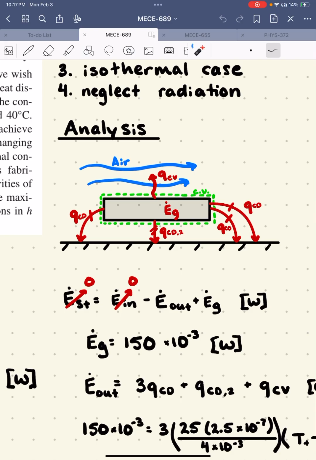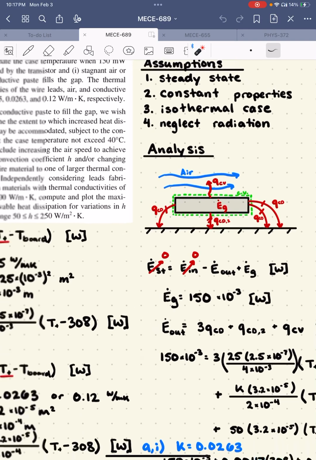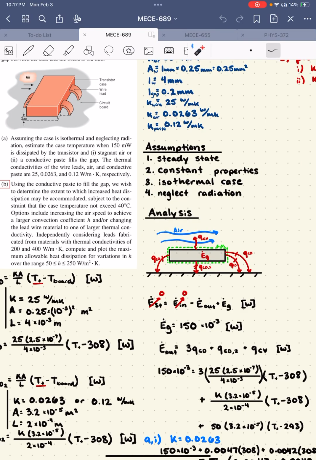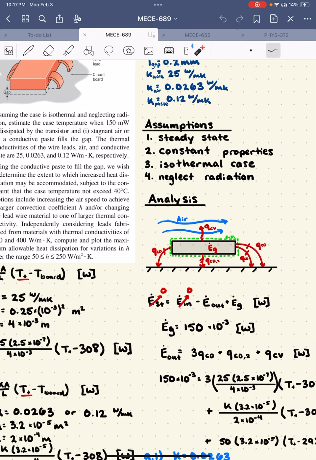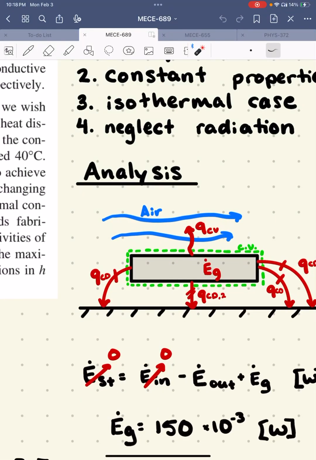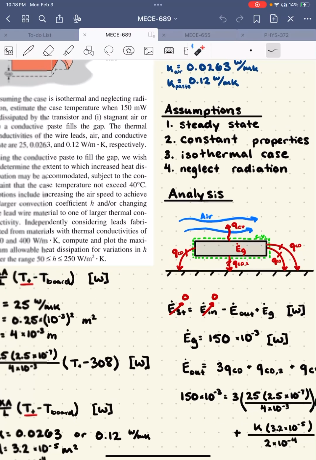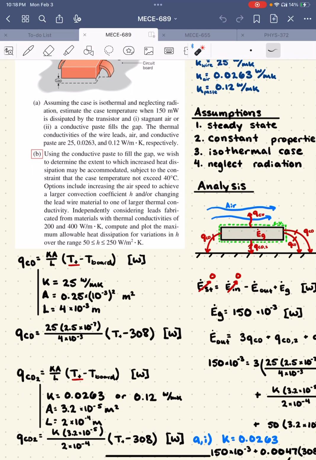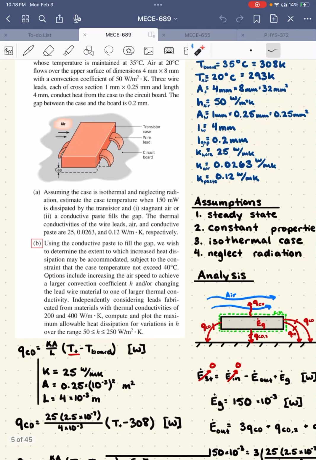There's 3 leads that are coming off of it, 1, 2, 3, and these each have a certain cross-section and a certain length, and they're attached to the board, which we know is set at 35 degrees C. And then, of course, underneath the board, there is more conduction that's happening. And above the board, we have convection, where air is flowing over the top of the transistor with a certain convective coefficient of 50 watts per meter squared Kelvin.